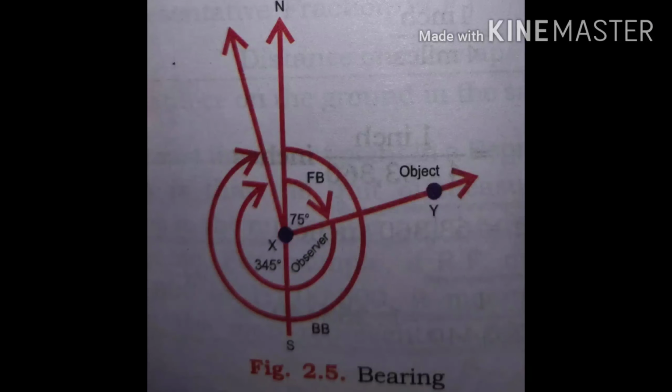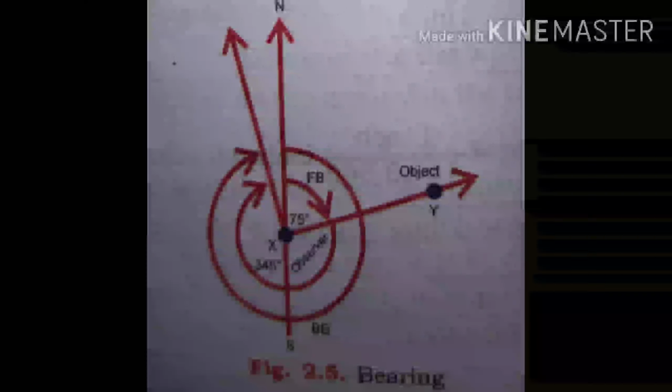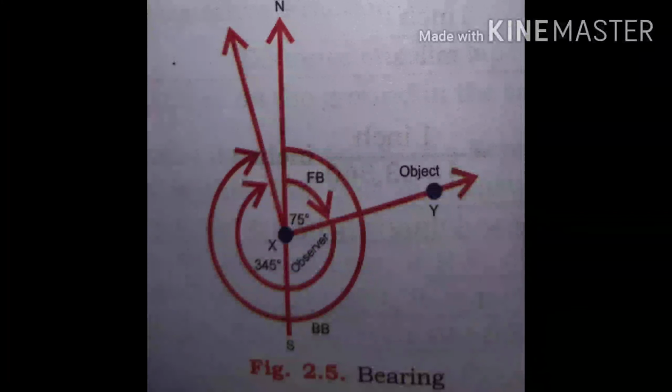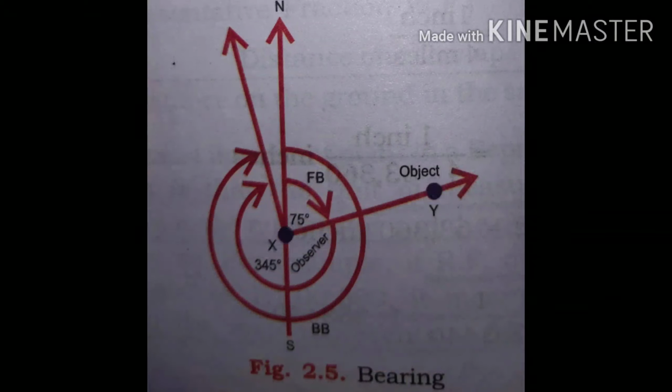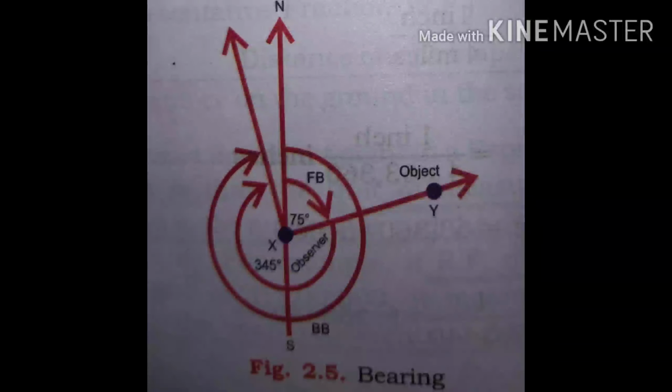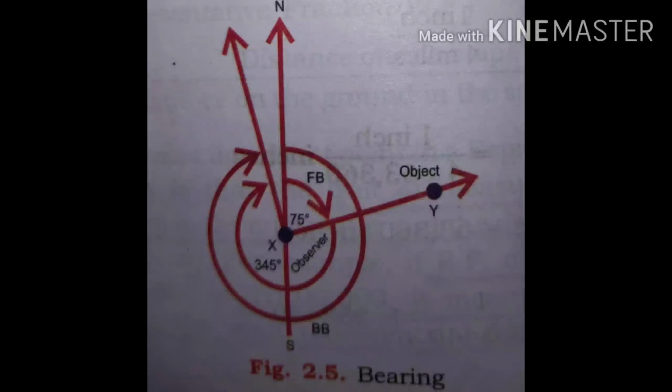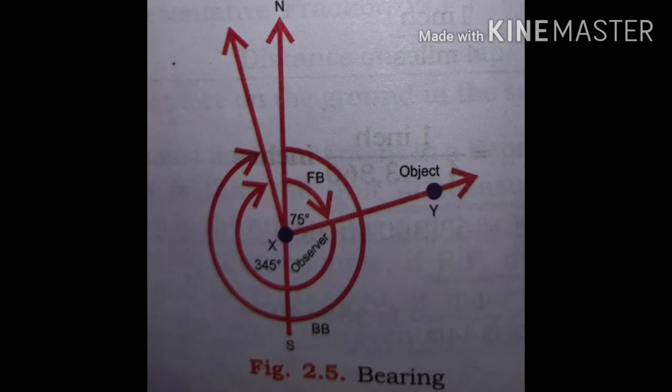In our example, we can see that here x is the observer, and we have to find the direction of the object which is kept at the position y. So we have drawn a straight line, and the line through x is pointing in the north direction. If we find the clockwise angle between the line of north and the line to y, it is found to be 75.